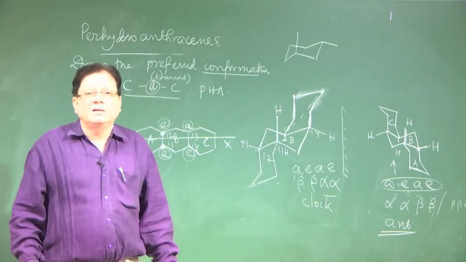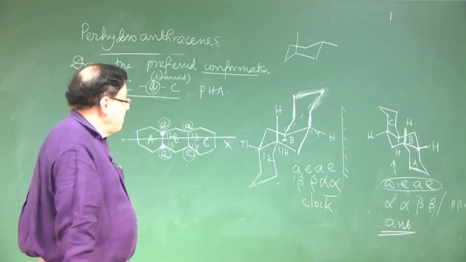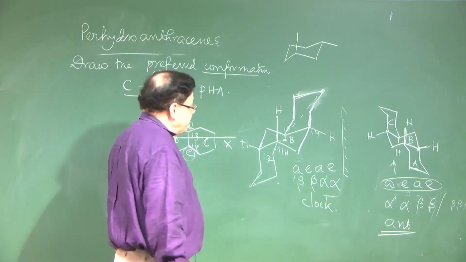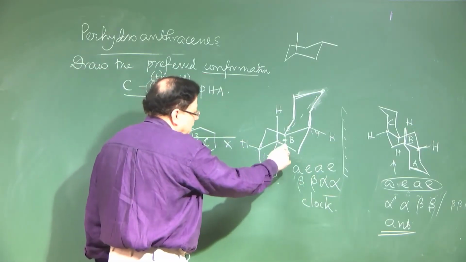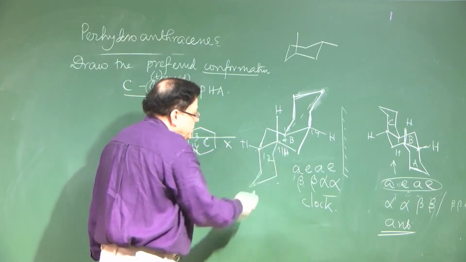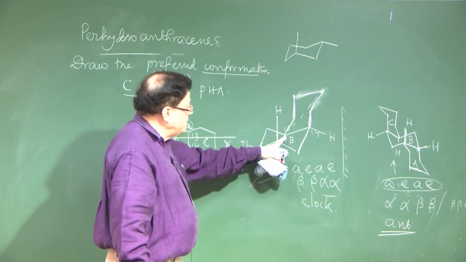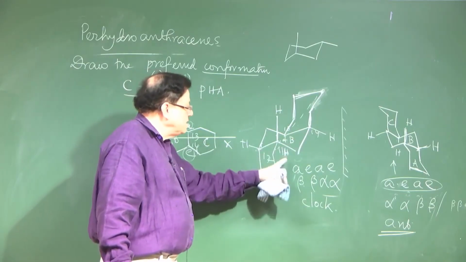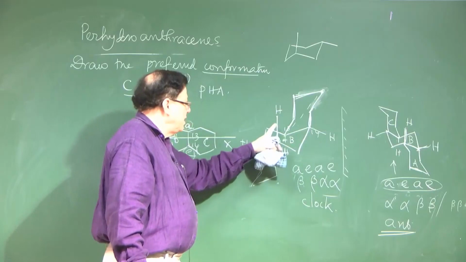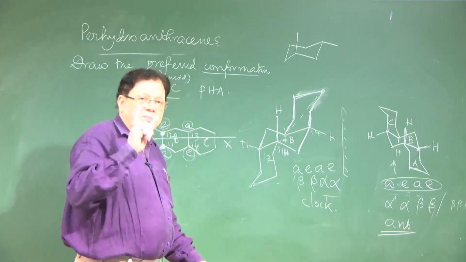However, here we have to be extra careful, because this axial, equatorial can also be achieved by starting from 13 hydrogen going to 14 and then 11 and 12. So, that is also axial, equatorial. That we have to remember.